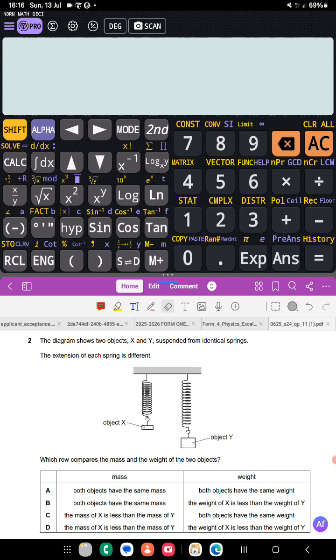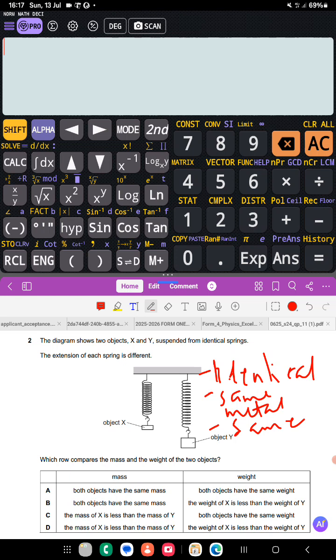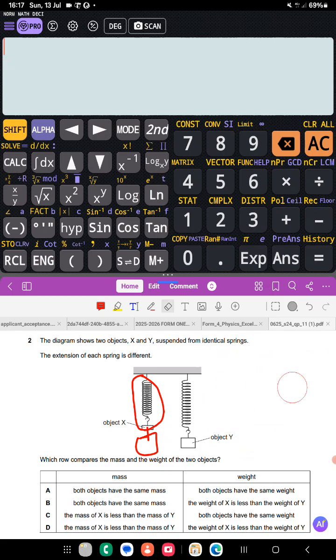We are told one thing: the springs are identical. If the springs are identical, that means they have the same type of metal, and therefore the same spring constant k. Now remember that the extension of the spring depends on the weight. The bigger the weight, the greater the extension.